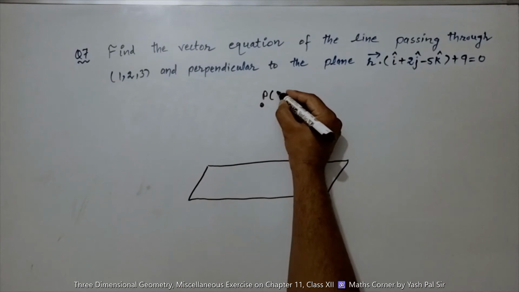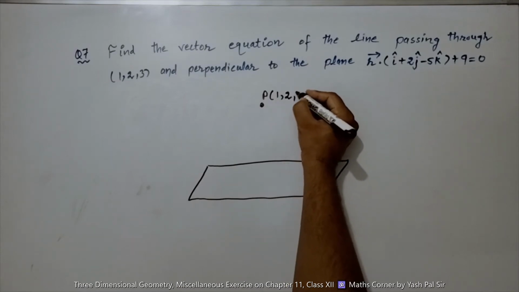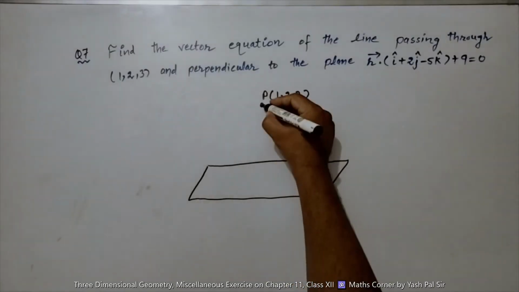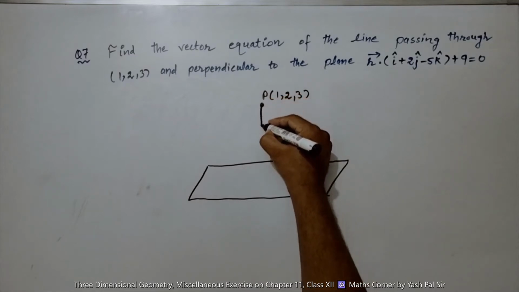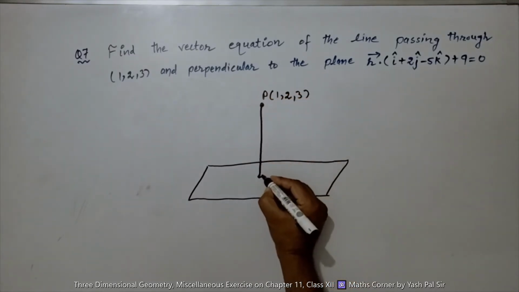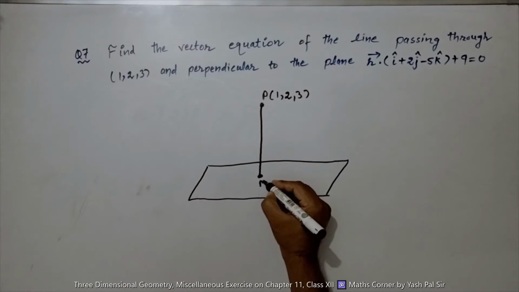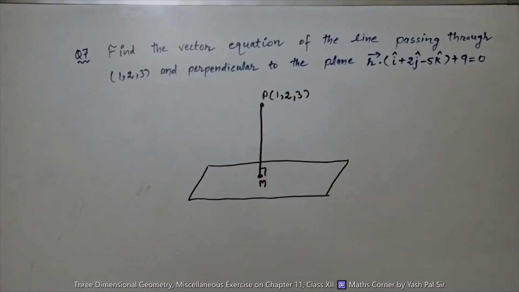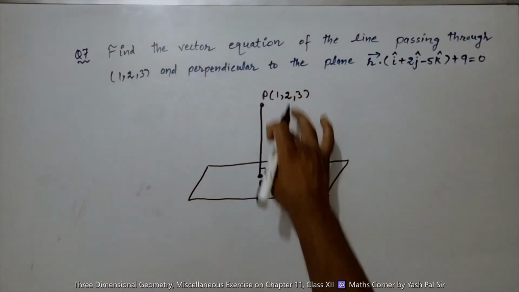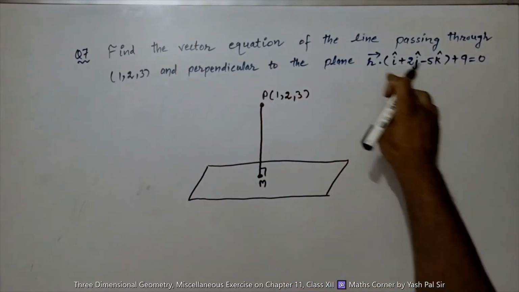Suppose this is the point P having the coordinates 1, 2, 3. Now draw any perpendicular. This is the foot of perpendicular PM. Now we are required to find the equation of this line PM.